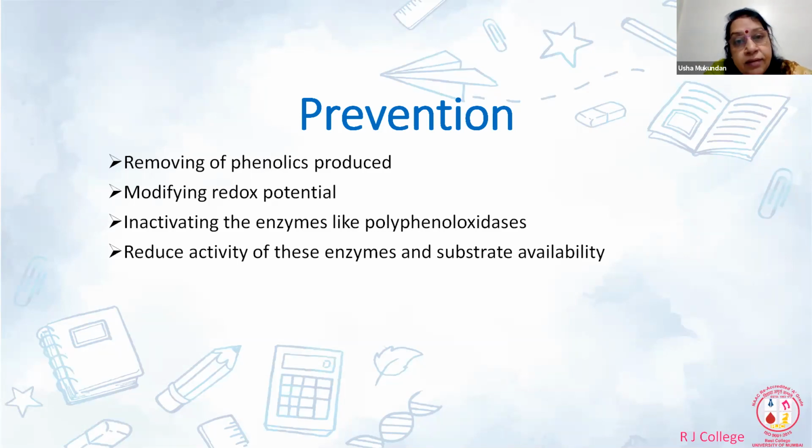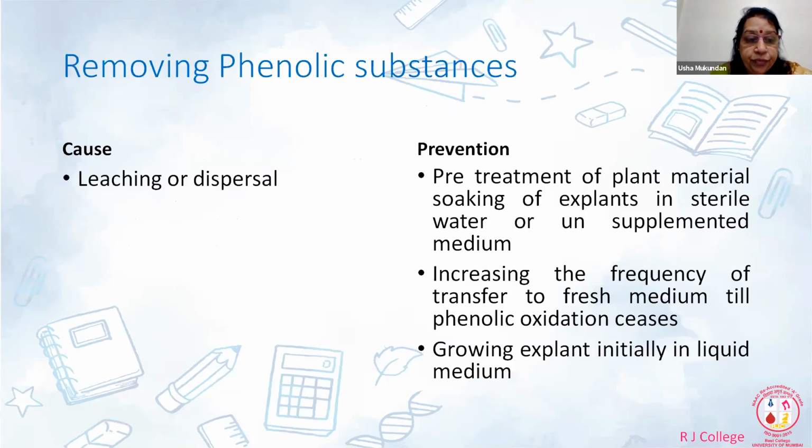Again, another method which is being practiced is to reduce the activity of enzyme by limiting the availability of substrate. So these are some of the methods which are practiced. Now let us see how it is done in a plant tissue culture laboratory, because media browning, explant browning and death is a serious issue.